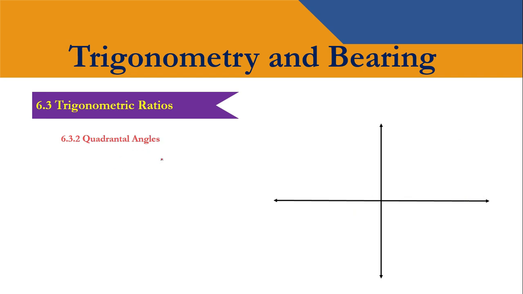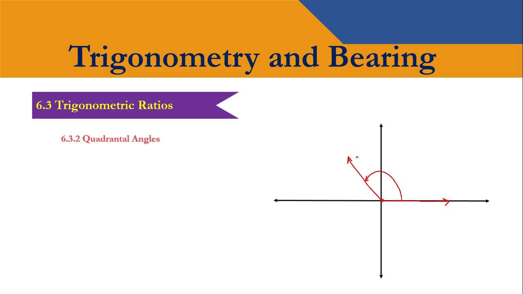What are the quadrantal angles? If the terminal ray of an angle in standard position coincides with any of the axes. What does it mean? In the standard position, our terminal ray starts from the origin. This is our terminal ray and this is our initial ray, so this is the standard angle.